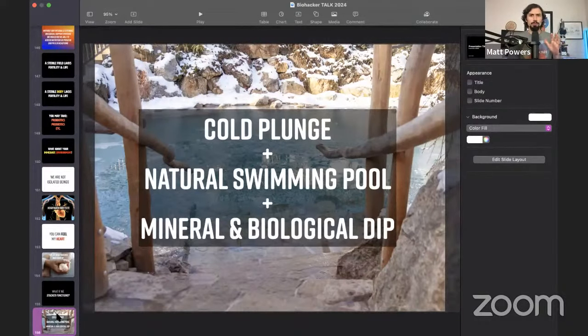I don't agree with doing compost tea soaking. It has me really worried actually because of a lot of things. But we can tailor these things. A mineral dip is what people are doing in biohacking already.